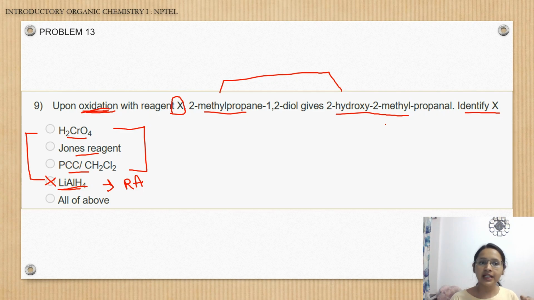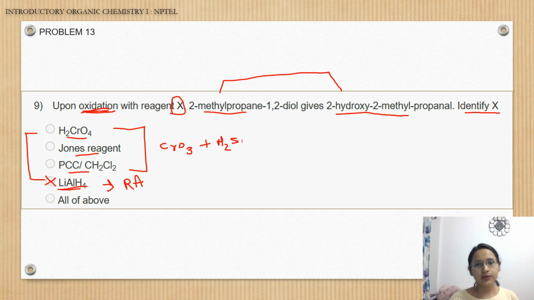Can anyone tell me out of these three which could be the possible answer? Jones. What is Jones? Jones is CrO3 and H2SO4. CrO3 plus H2SO4, this is Jones reagent, right?